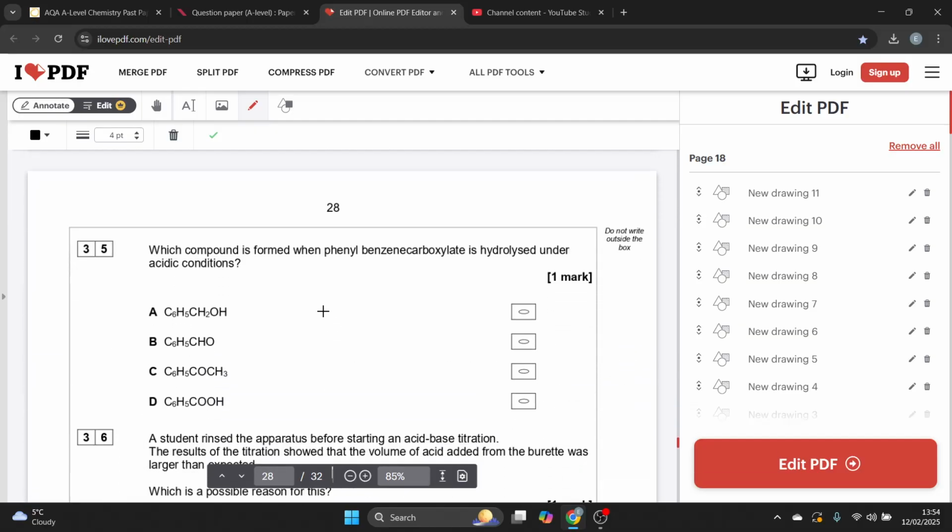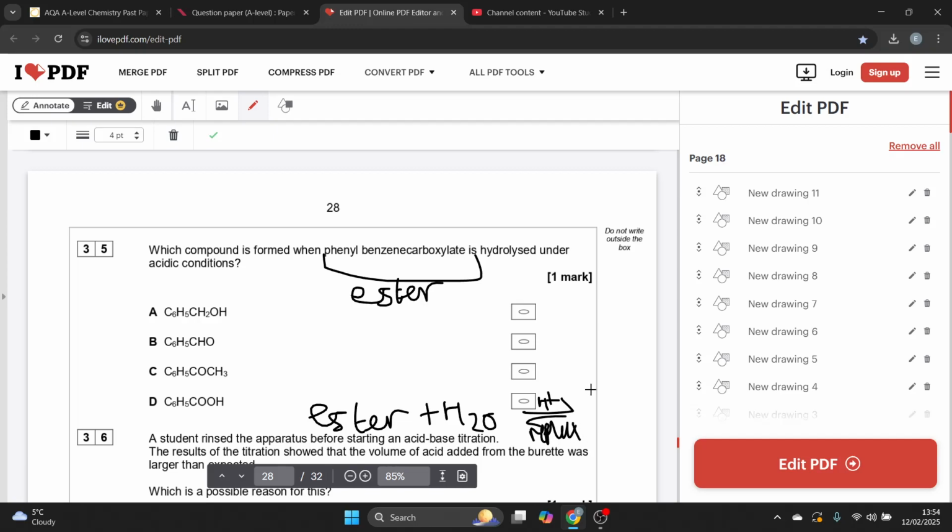Question 35, which compound is formed when phenyl benzene carboxylate is hydrolyzed under acidic conditions? Phenyl benzene carboxylate is an ester. So I'm doing an ester plus H2O, hydrolyzed with H plus, reflux, a reversible reaction at equilibrium, then I form an alcohol plus the carboxylic acid.